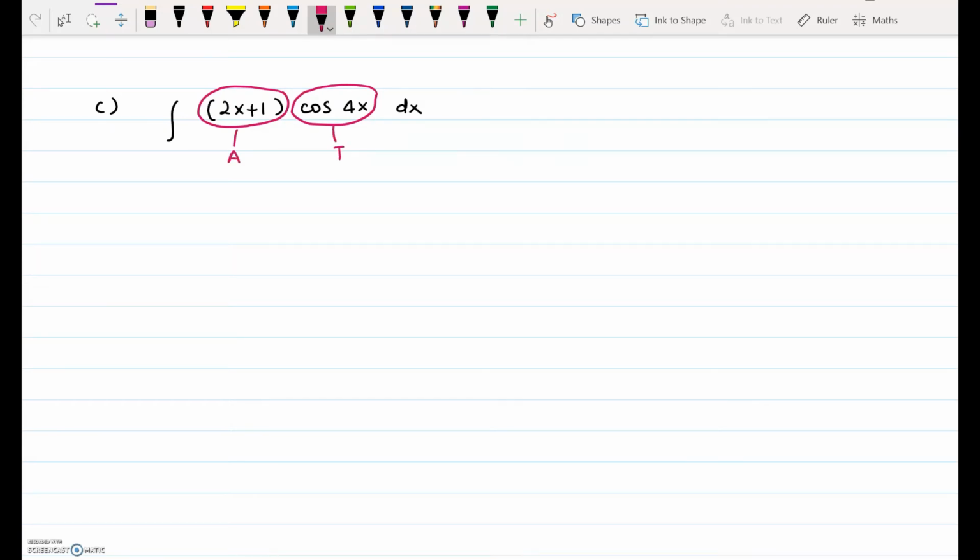Then continue. We have the non-repeatable and repeatable functions. Based on LIATE, we have A and we have T. So your A will be your u and your T will be your dv.